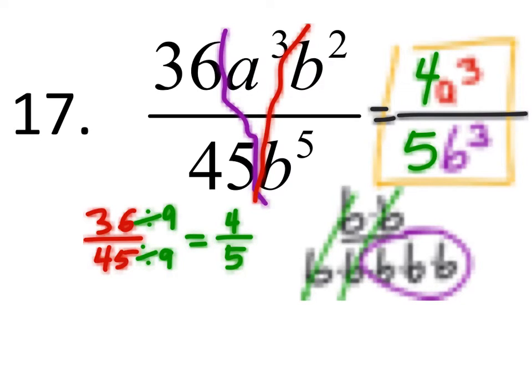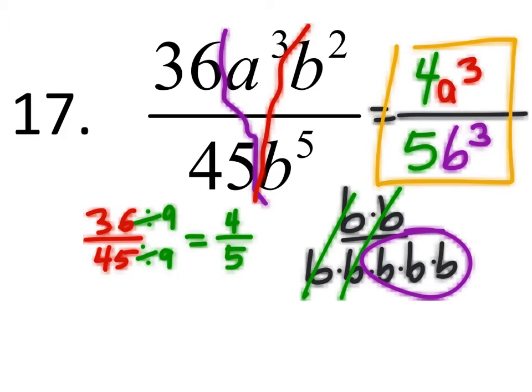Now the a cubed, there's nothing to do with that, but the b's, we got b squared, b times b, over 5 b's. And these cancel out these ones. So in the denominator, we've got these 3 b's, b cubed. And we simplified it.